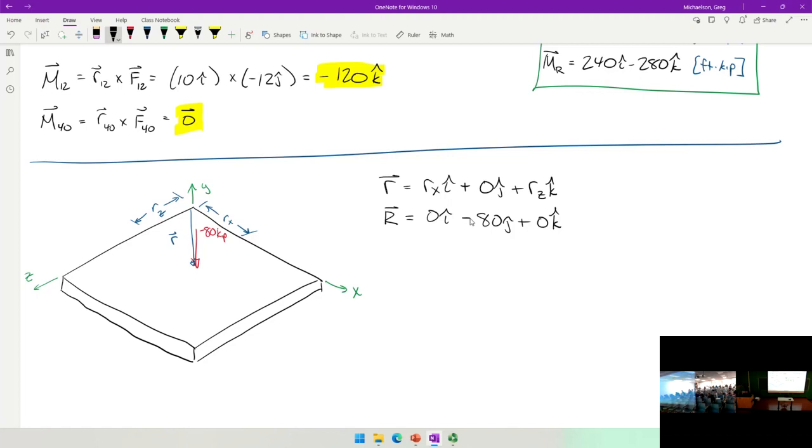Now, in order for this system to be statically equivalent, both the sum of the forces and the sum of the moments must be identical. So maybe what I ought to do is compute the moment of this system. And how do I do that? I take R cross F. Let's do that. Let's see what happens here.